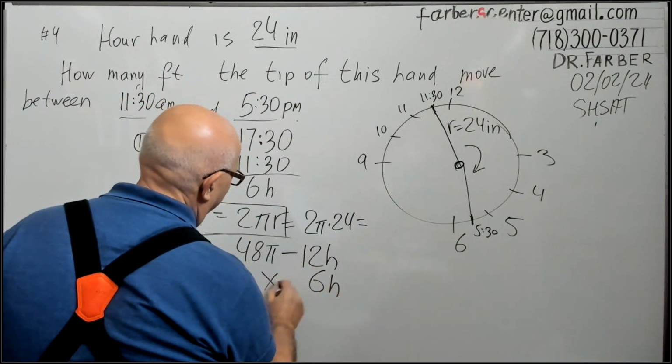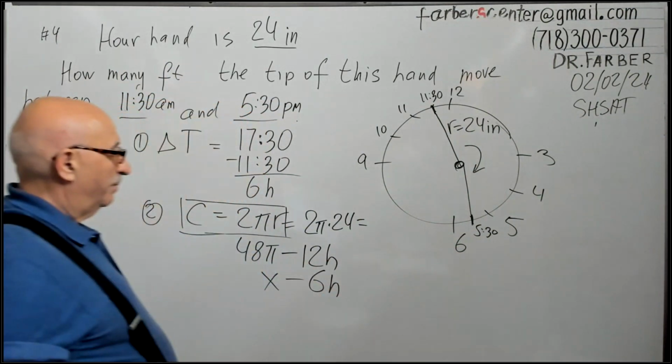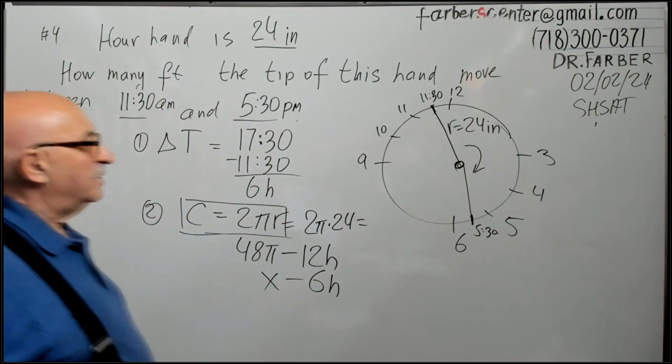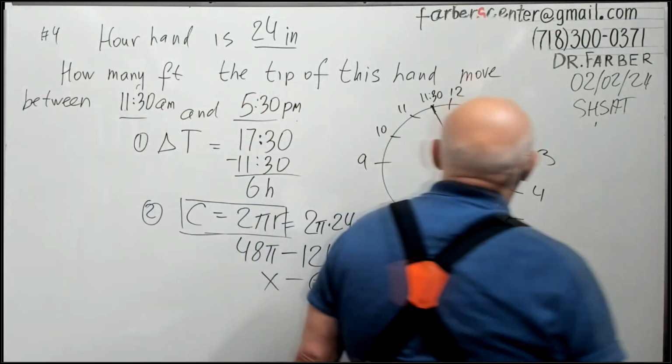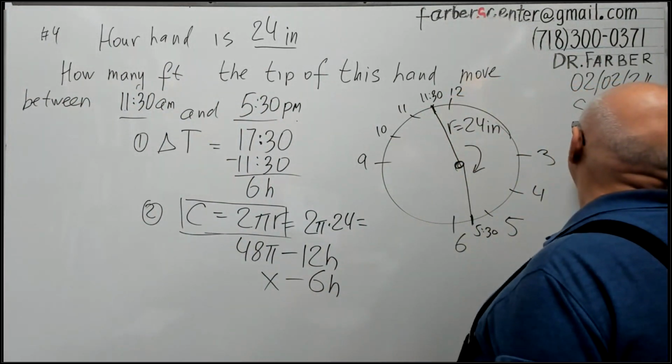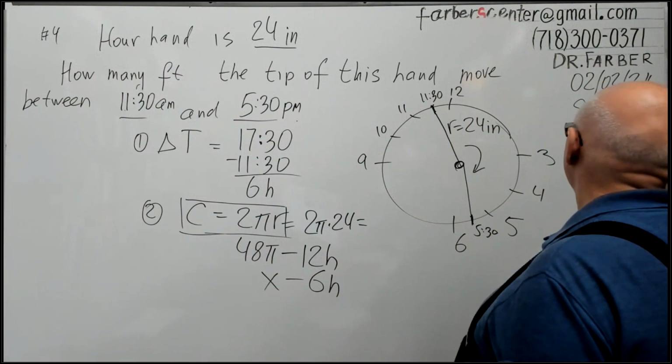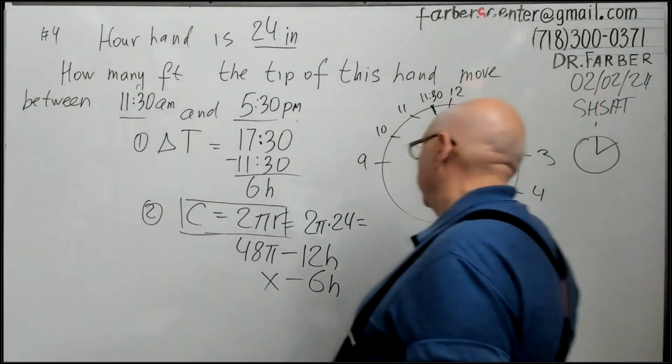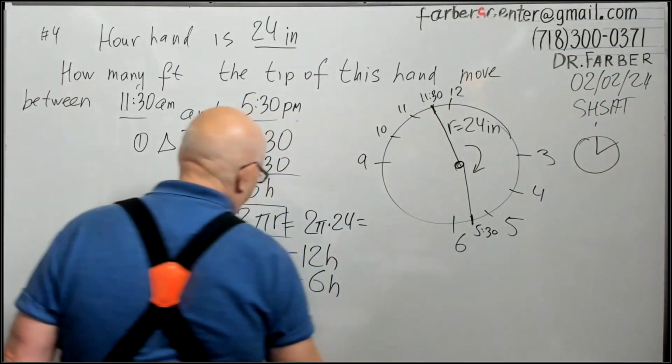I have no idea. Imagine this is a pie, pizza. The bigger this angle, the bigger the slice and the bigger the length of the arc. So step number 3, cross multiply.